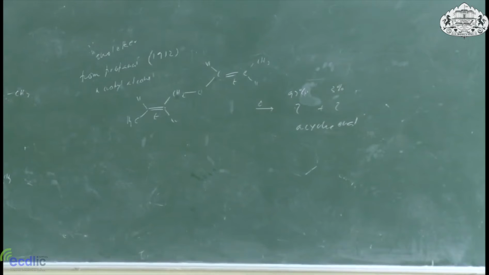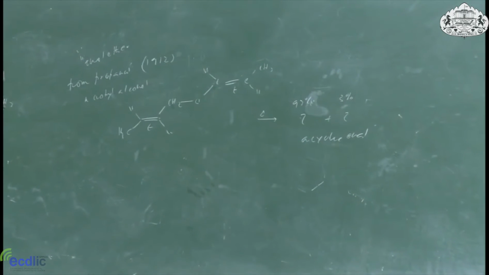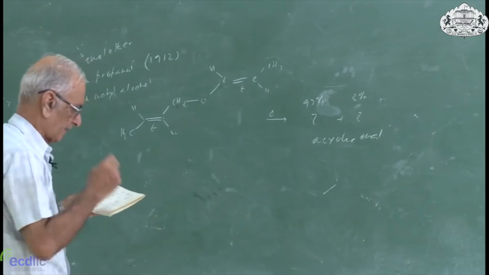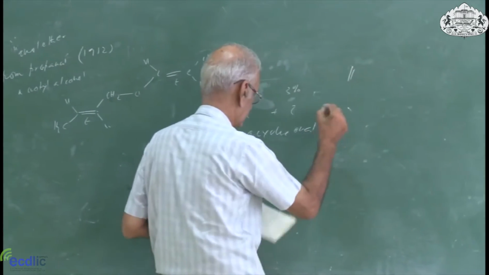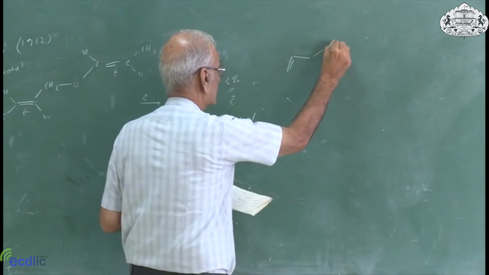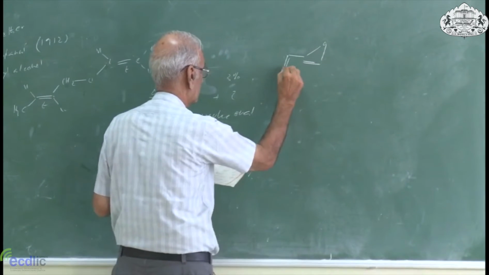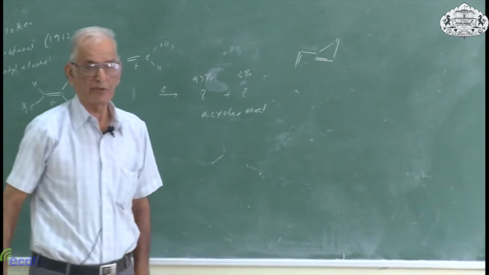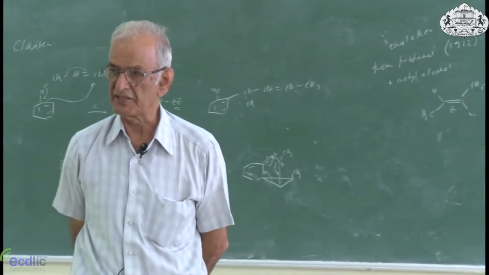Both compounds are acyclic enols. Okay. So, I am sure you can see we have written chair transition state.